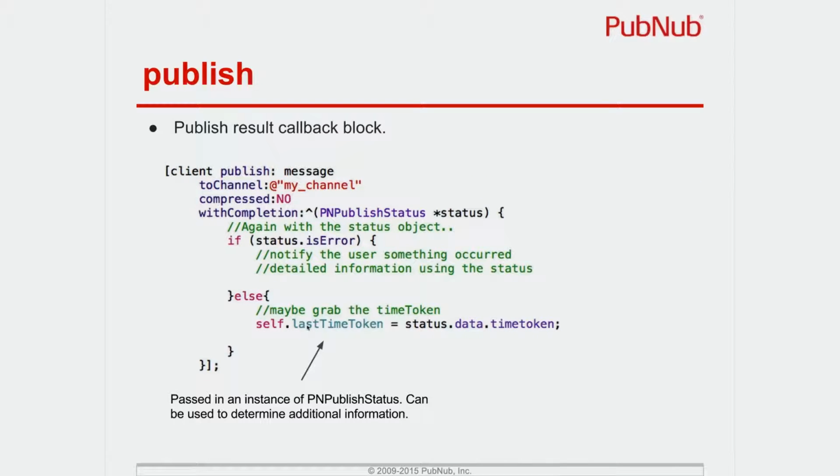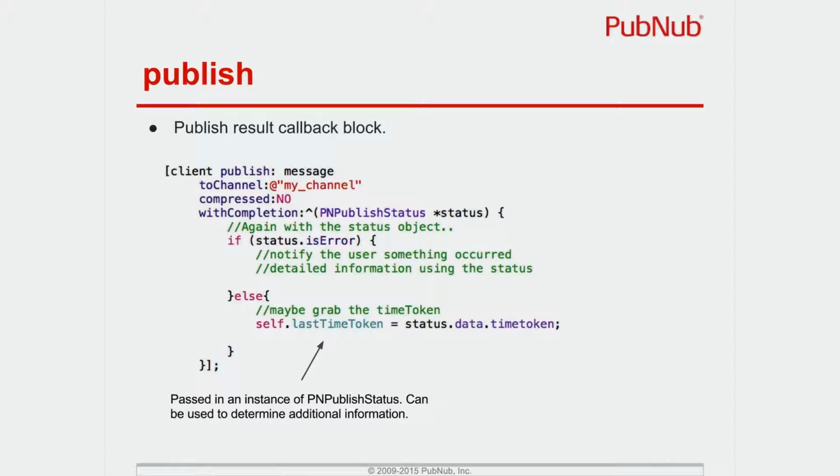So here's a callback block, or the publish with a callback block implemented. You want to check your status object and see if it's in error. If it is, notify the user that something's happened. Otherwise, you might want to grab the time token that was assigned to the message when it was published.